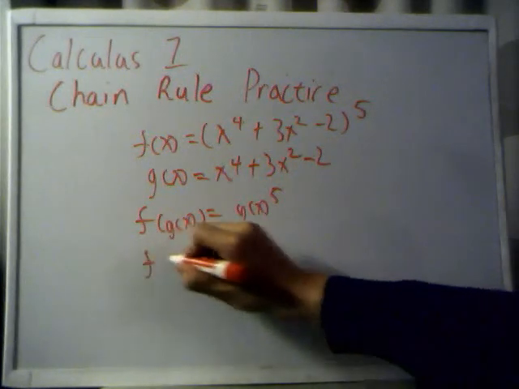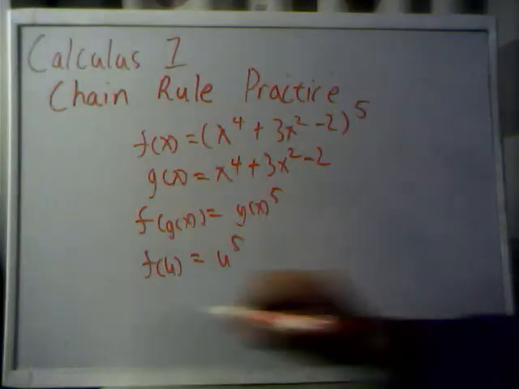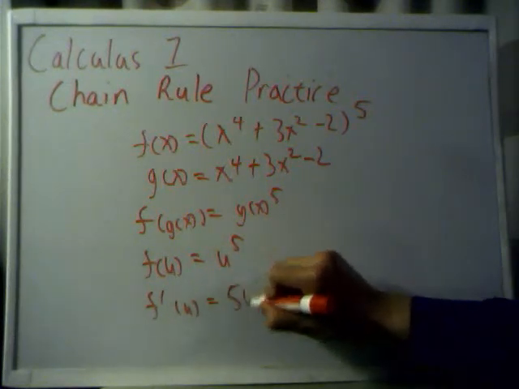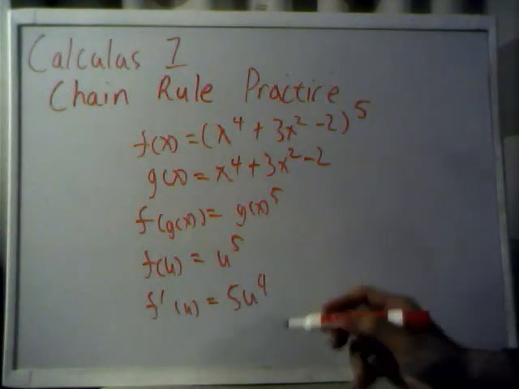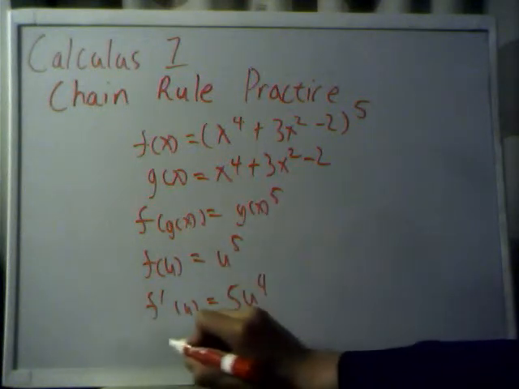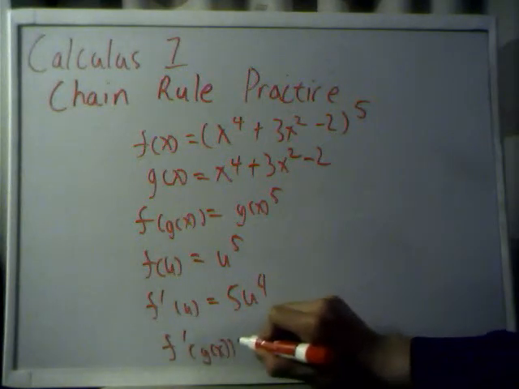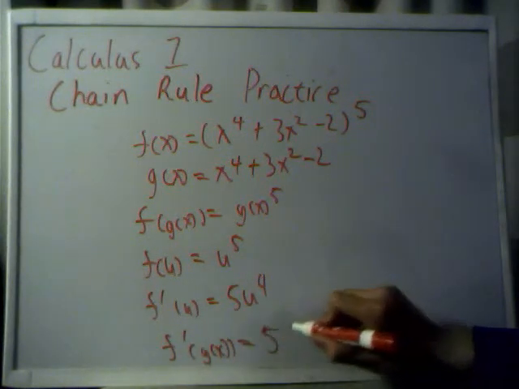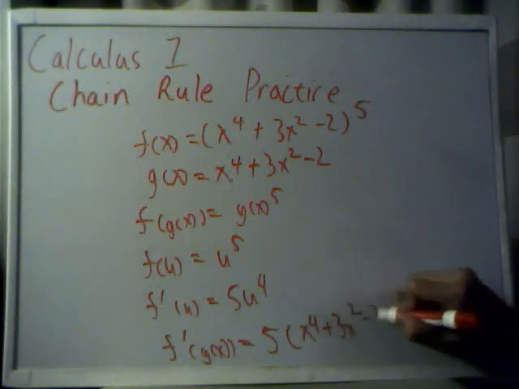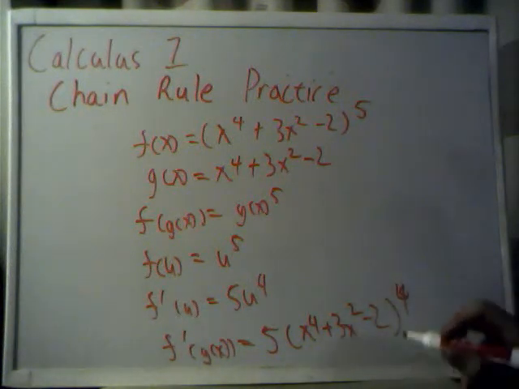Let's do u substitution. f of u is equal to u to the fifth power, and f prime of u is thus 5u to the fourth power, and you just plug g of x back into u. You get f prime of g of x is equal to 5 times (x to the fourth plus 3x squared minus 2) to the fourth power. So that's your first part of the solution.